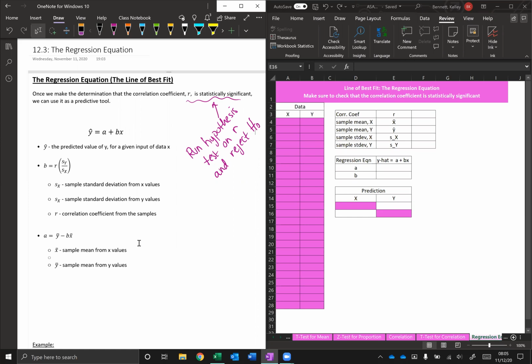It's all coming from sample data. Remember, r is our sample correlation, s_y and s_x are our sample standard deviations, and x bar and y bar are our sample means.